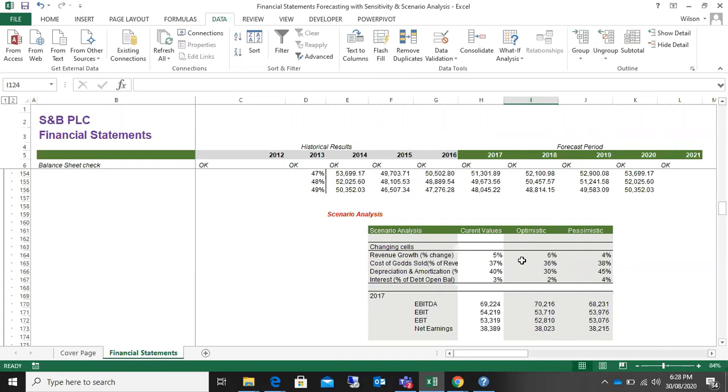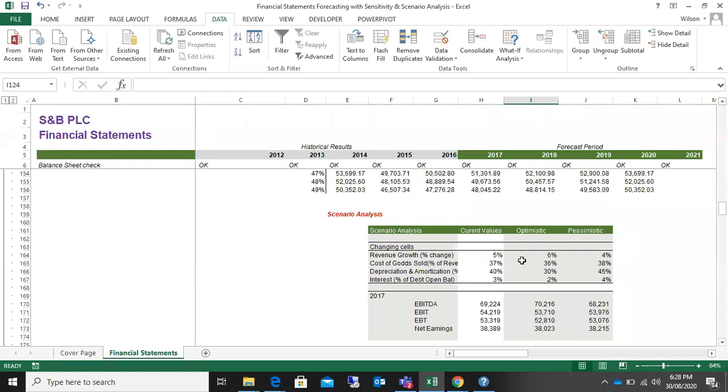What you now look at is the assumptions that you gave there. Look at the assumptions holistically, right? Revenue growth is 5% here. If you are optimistic that revenue is growing from 5 to 6%, you are also optimistic that cost of goods sold is from 37 to 36, which is optimistic.